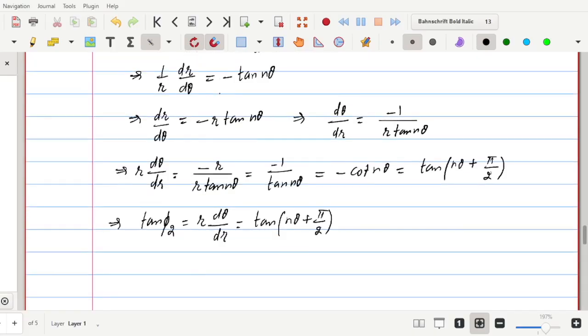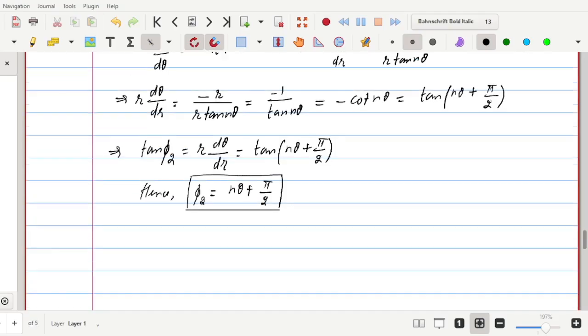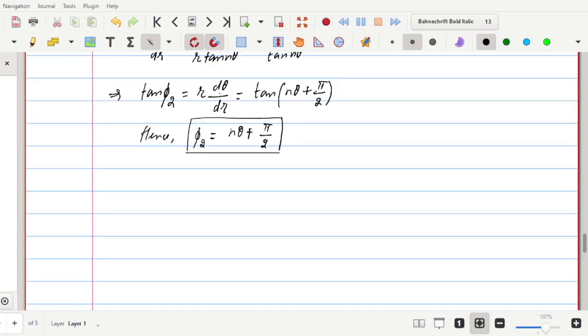Now applying tan inverse on both sides, we see phi 2 is equal to n theta plus pi by 2. So the angle between the radius vector and the tangent vector of the second curve is phi 2. So we have computed the angle between the radius vector and tangent vector for both the curves.